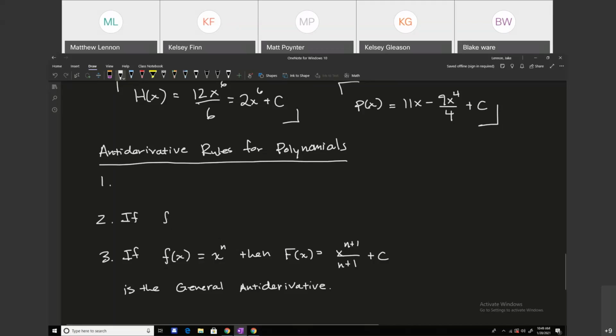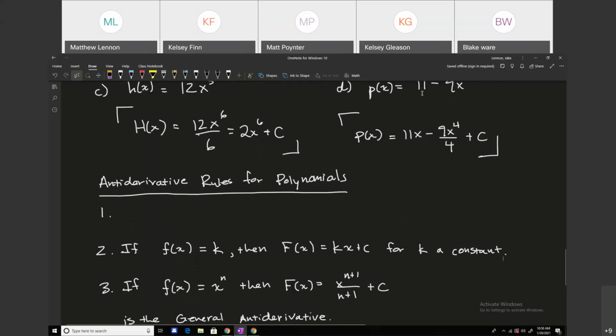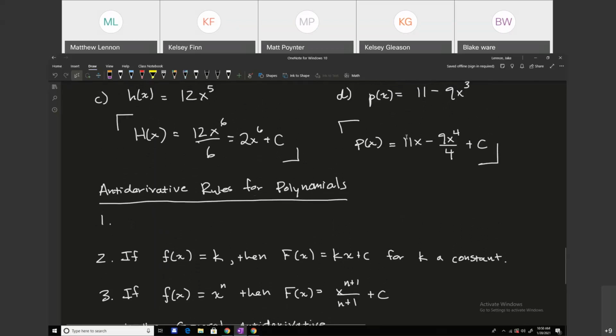Then the antiderivative, capital F of x, would be kx plus c, for k a constant. So that's like part A and part D. When you were doing the antiderivative C and D, the first term here, 11, became 11x.